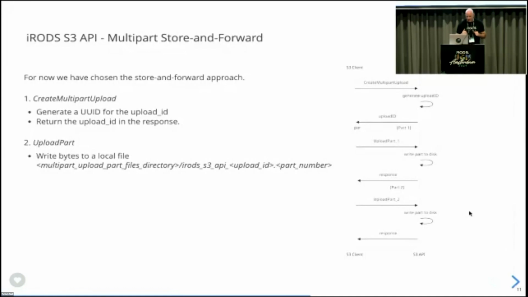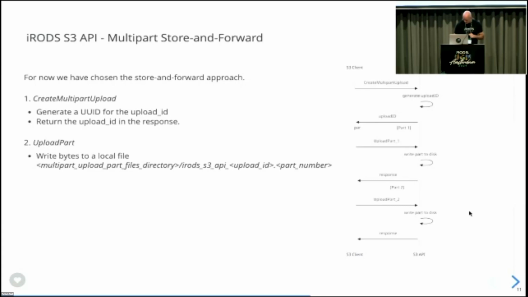Okay, so our first implementation, what we have right now, is just the easiest implementation, which is store and forward. So it's pretty simple. Create multipart only has to generate a unique ID for the upload ID and return it to the client. Then for upload part, the S3 API will just write each part to the local disk.